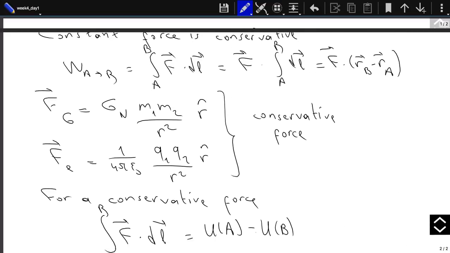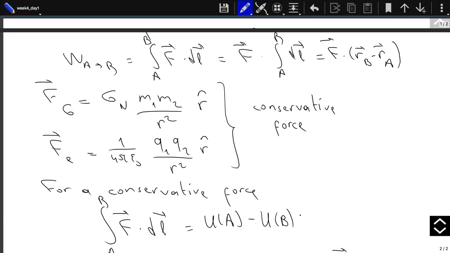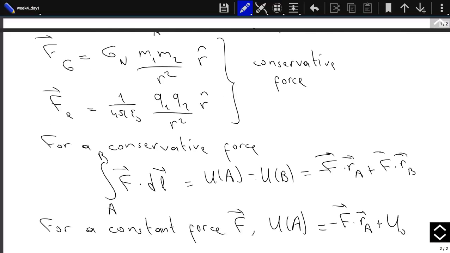Well, let's look at this one. For a constant force, this one is equal to minus F dot RA plus F dot RB. This is for the constant force.